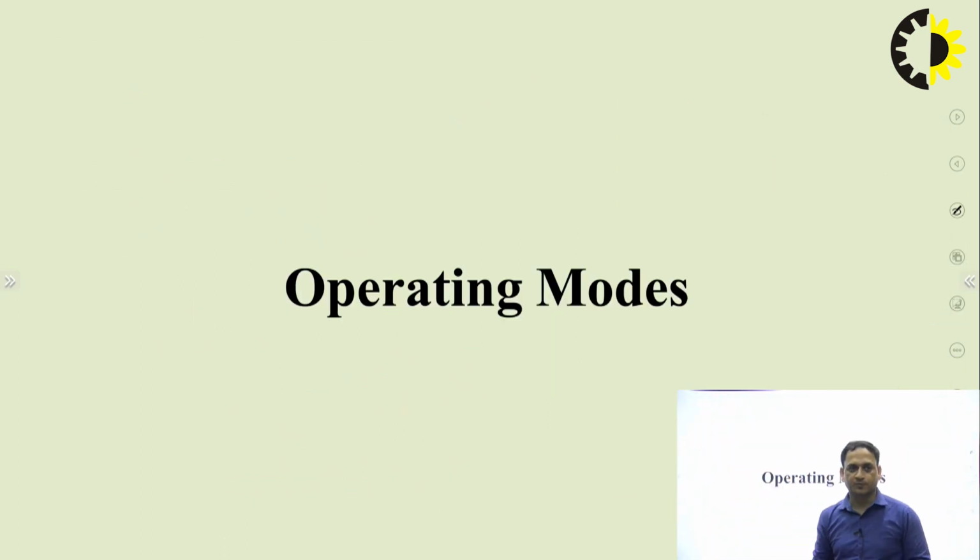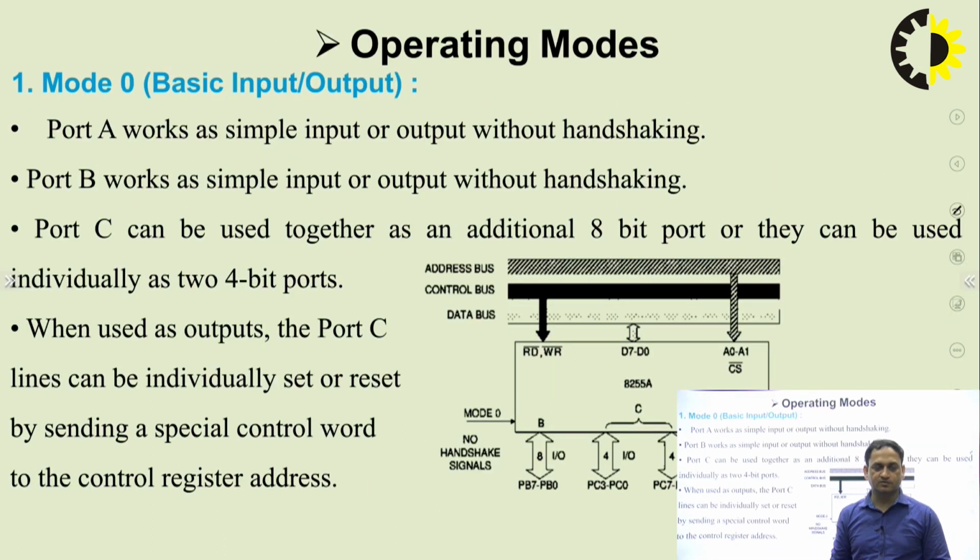Then we have the operating modes, as we said, mode 0. This is the basic input output mode, where there are no handshake signals. Here we can see that PA0 to PA7, PB0 to PB7, and the lower PC0 to PC3 and PC4 to PC7 are used as input output.